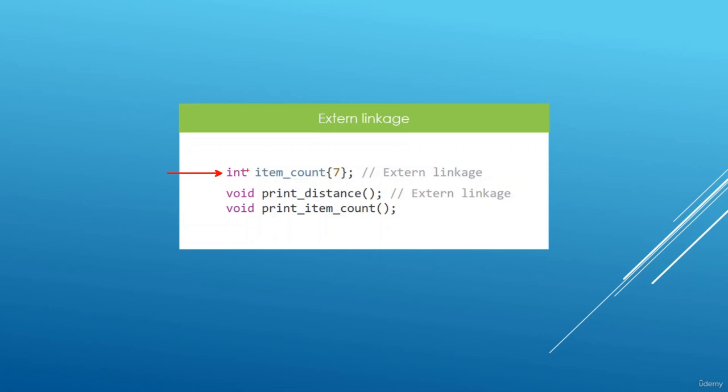So for example, if this was declared in file 1, it is possible to access and use this variable in a separate translation unit. And this is really cool. And this is what we mean by external linkage. Functions also default to external linkage in C++. You can declare the functions in one translation unit and use them in a separate translation unit. And we have seen that at multiple occasions.